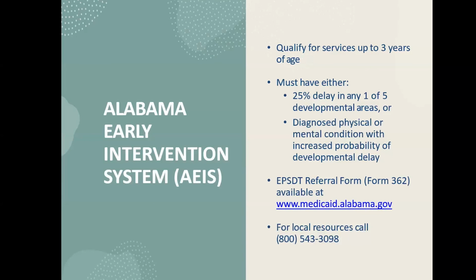The definition of a child eligible for early intervention services includes infants and toddlers under age 3 who are either experiencing developmental delay equal to or greater than 25% as measured by appropriate diagnostic instruments and procedures in one or more of the following areas: cognitive development, physical development, communication development, social or emotional development, and adaptive development.